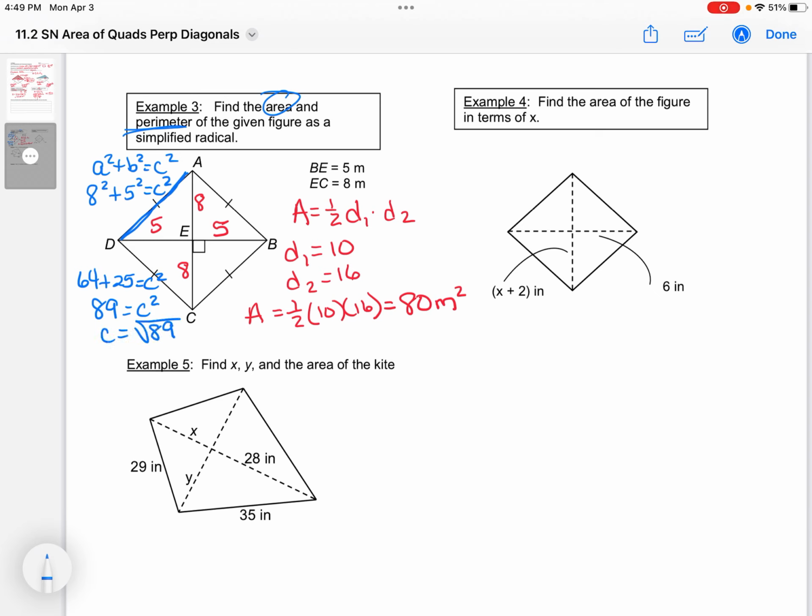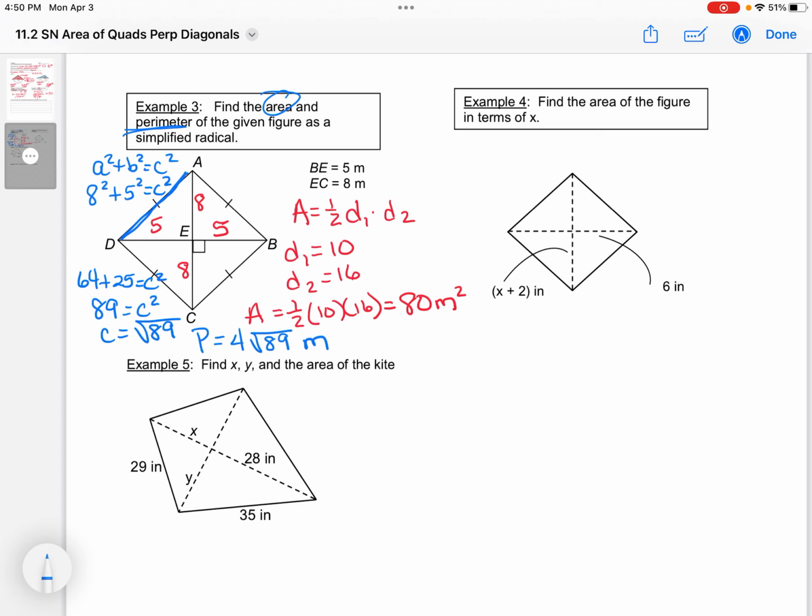So c is equal to the square root of 89. So if I'm going to do perimeter, I can just do 4 times the square root of 89 and leave it just like that, because I know there's 4 sides that are the square root of 89, and if I multiply them times 4 or add them all together, I have 4 sides times the square root of 89, and that also has the units of meters.